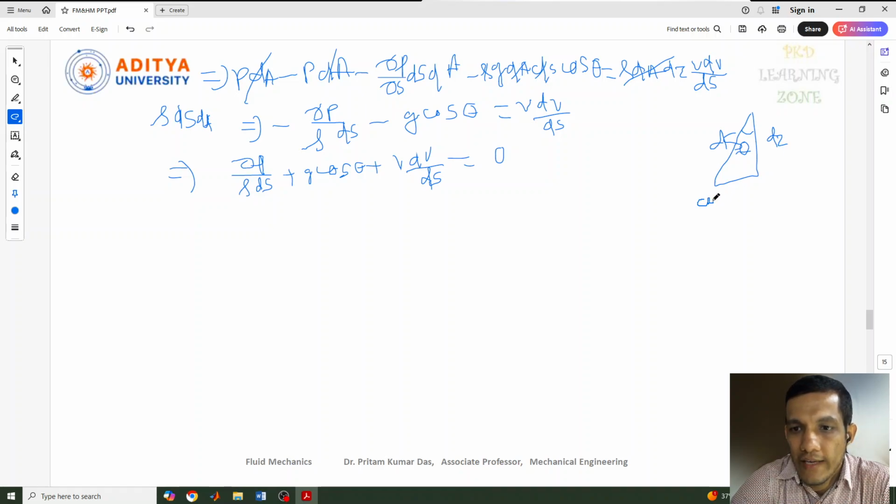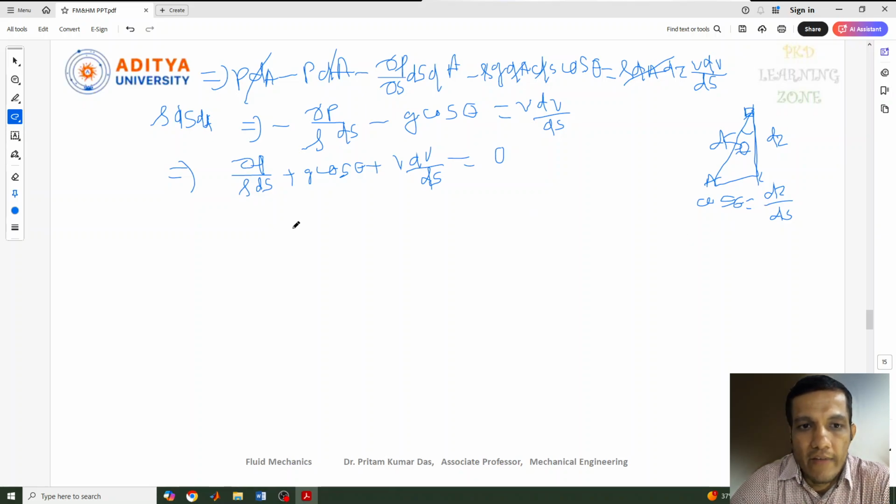So now what I can write here: cos theta equal to, for the angle ABC, cos theta equals dz by ds.